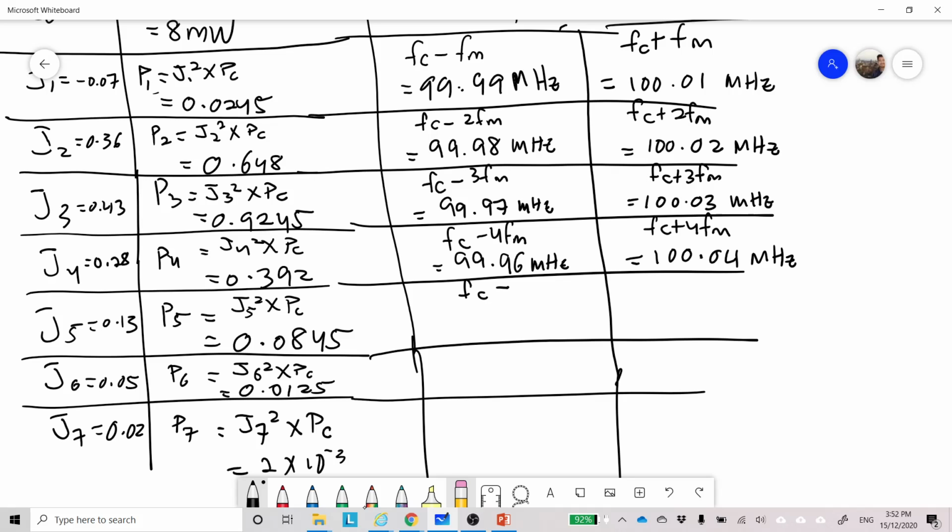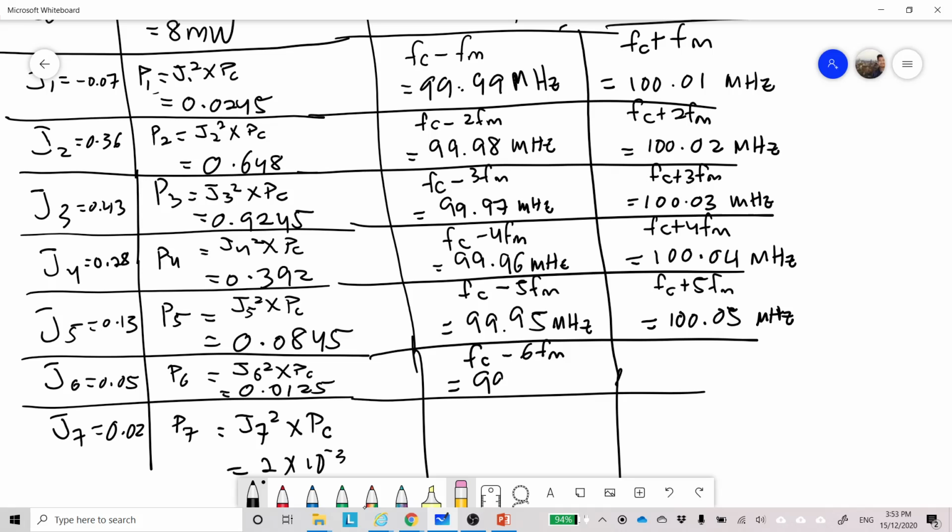FC minus 5 FM, which is equal to 99.95 megahertz. FC plus 5 FM, 100.05. Here is FC minus 6 FM. Wait, banyak tu lah. 99.94.